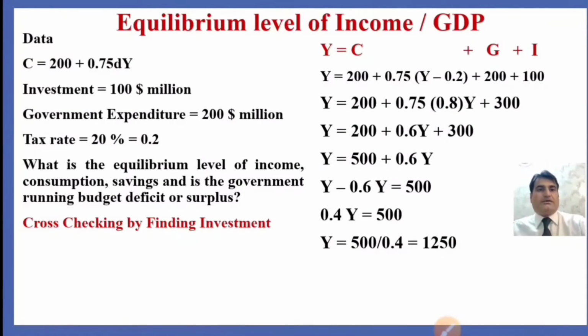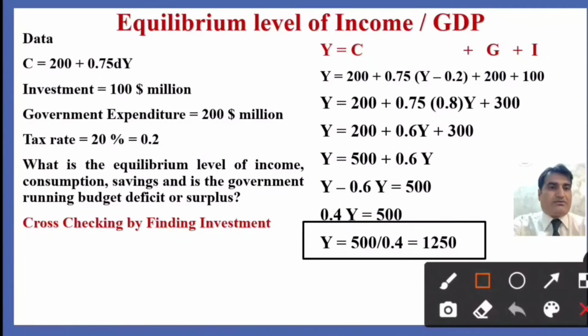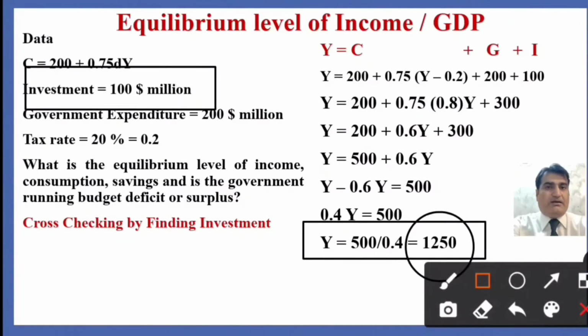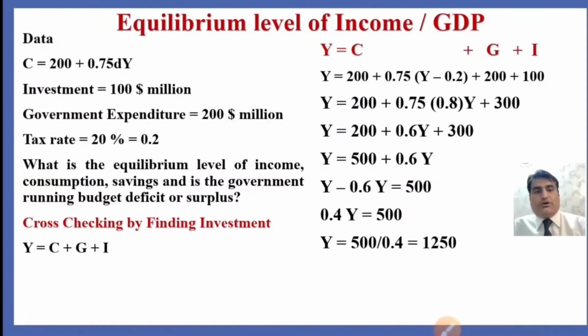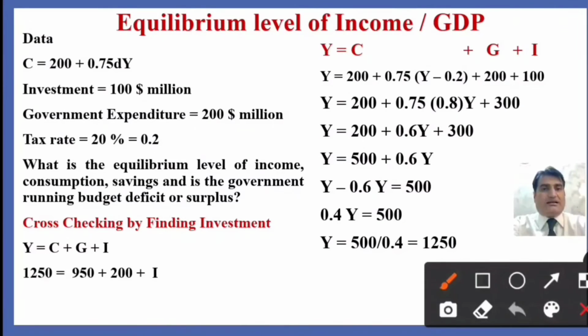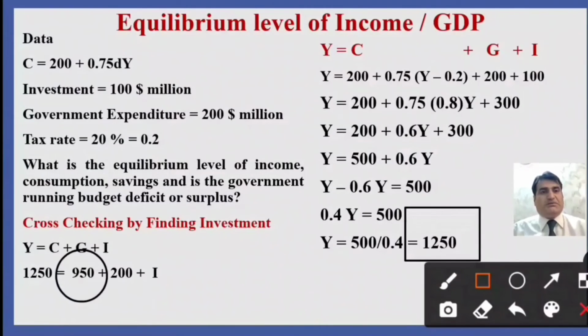We are now cross-checking by finding investment. If the income is $1,250 million, the investment must be equal to $100 million. As we know, the output or GDP is equal to consumption plus government expenditure plus investment. You can see here that when the national income or GDP is $1,250 million, the consumption is $950 million.